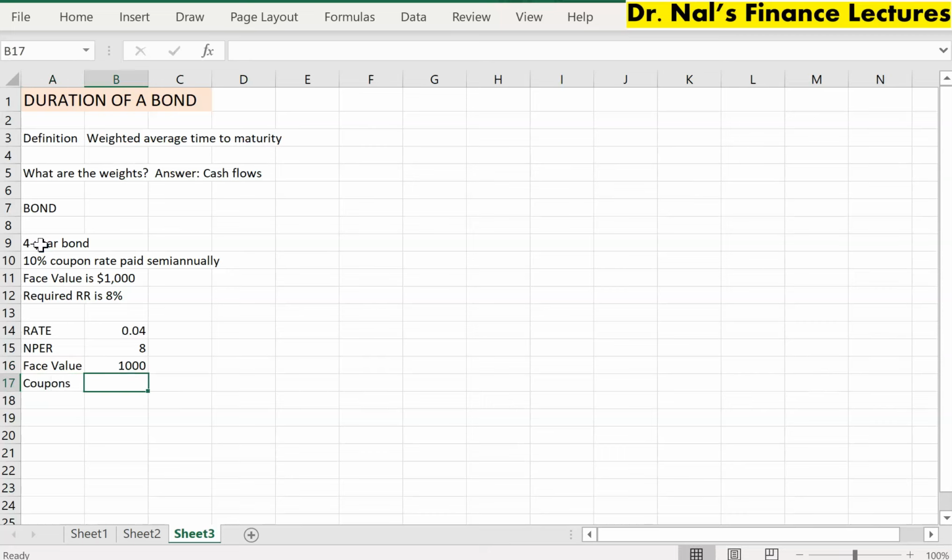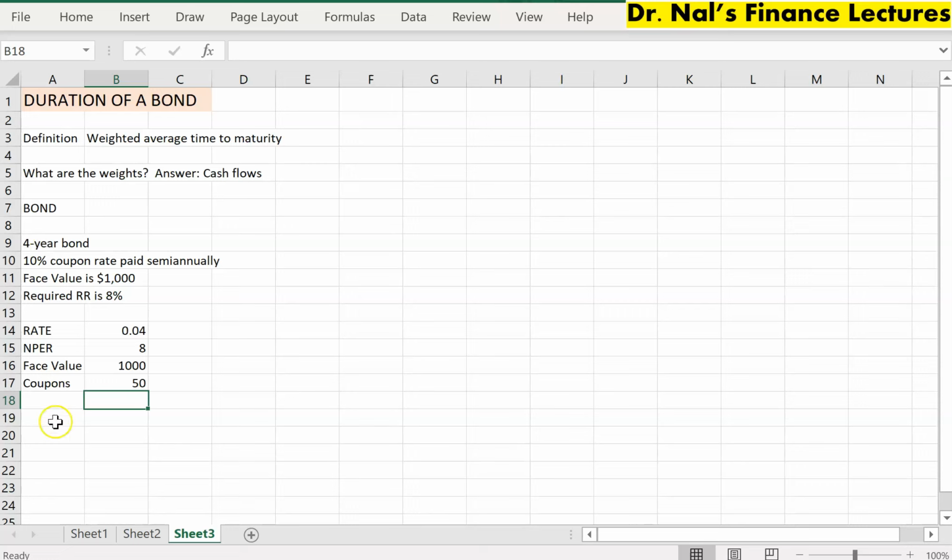And the coupon payments. Well, the coupons will be equal to the coupon rate, which is 10%. So 10% times, 0.10 times the face value, which is $1,000. However, I need to divide by 2 again because we are making these coupon payments in 2 installments. 10% of $1,000 is $100, but that $100 in coupons will be paid every 6 months.